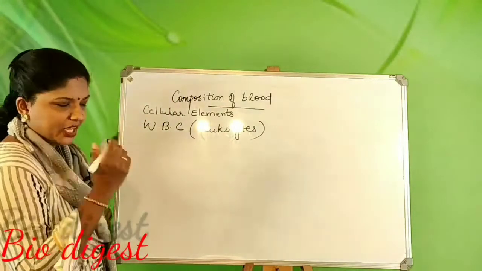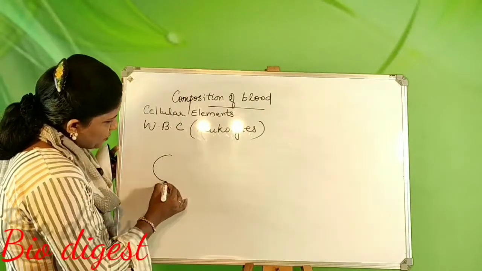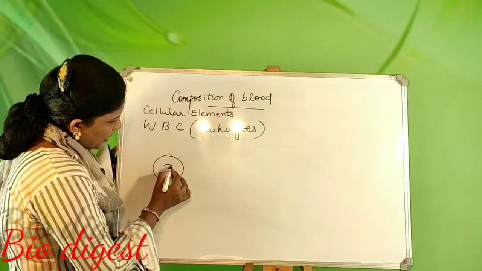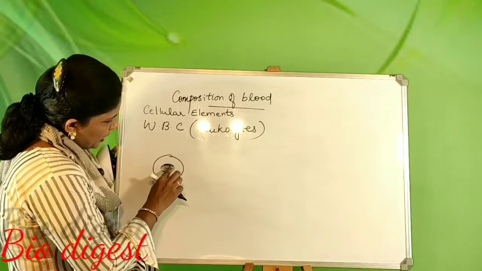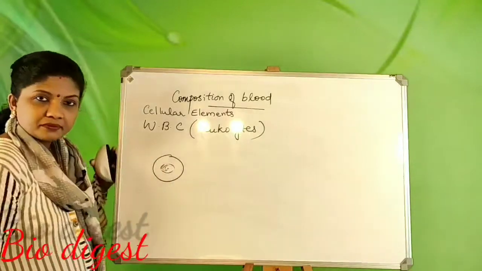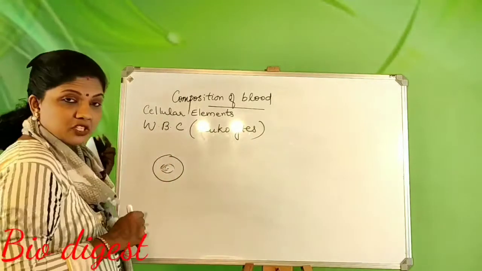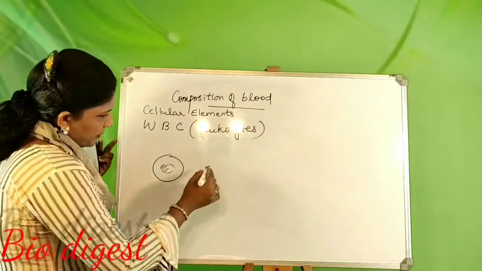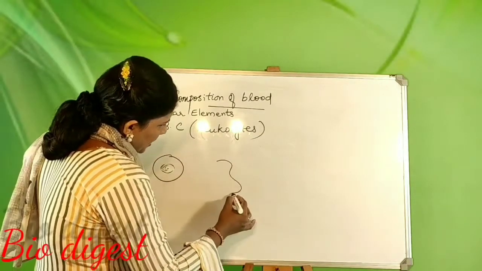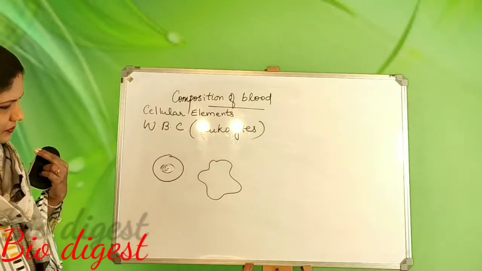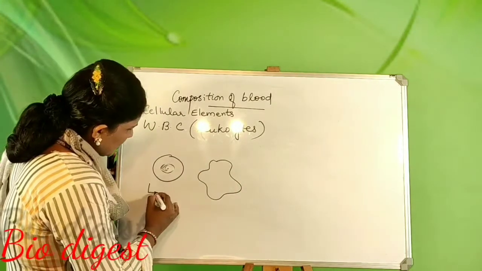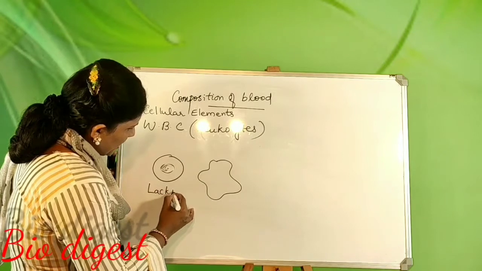RBC, what is the shape? Already I have explained, RBCs are biconcave disc-like structures. Okay, I'm lightly shading in the middle. What about the structure of a WBC? WBCs are actually amoeboid structures. Then RBCs, they lack nucleus.